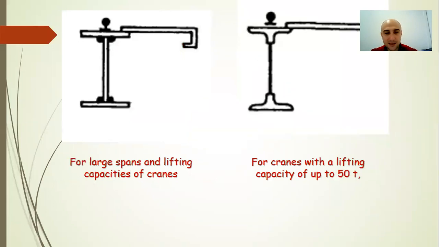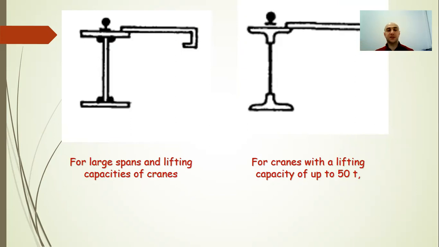For the latch spans and the lifting capacity of the cranes, welded I-beams with horizontal braking structures are used. For cranes with a lifting capacity of up to 50 tons, beams of composite cross section made of wide flange T-bars with thin walls and an insert are rational.